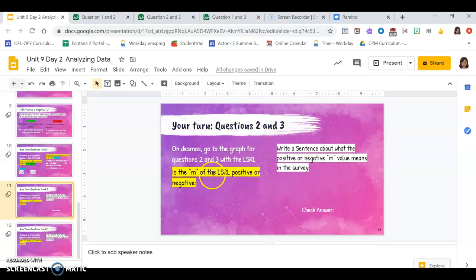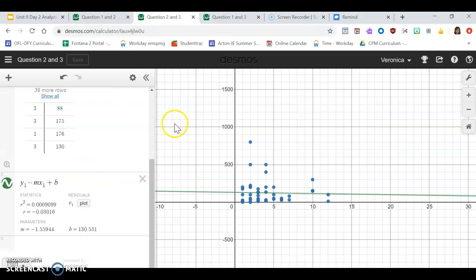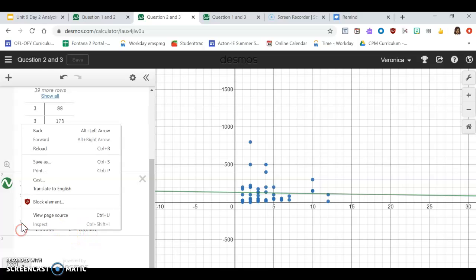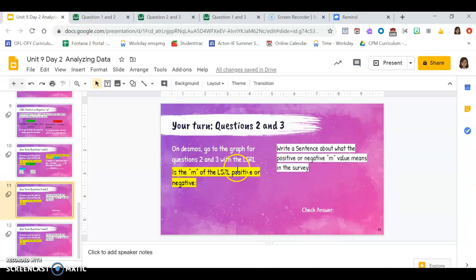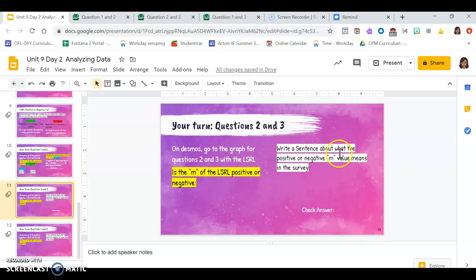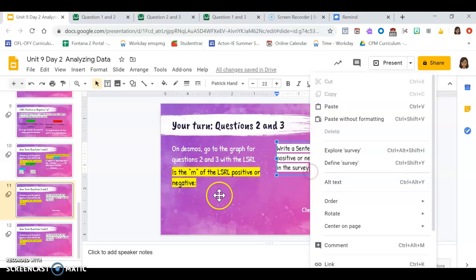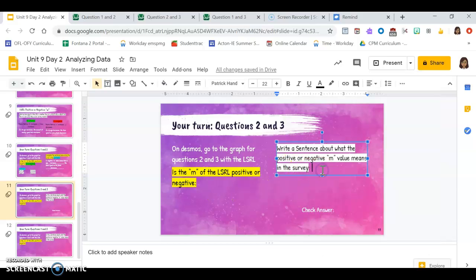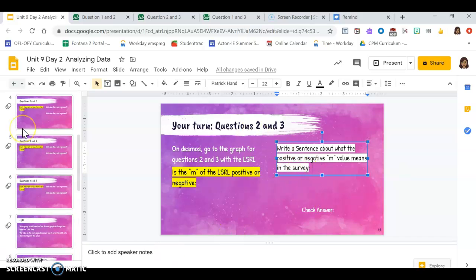So question 2 and 3, is m positive or negative? So you're going to go to questions 2 and 3 on your graph. M is a negative number. So I'm going to go ahead and go here, and you would say it's negative. Then write a sentence about what the positive or negative m values mean. So you could say something like, since m is negative, that means as question 2 increases, question 3 decreases. So then I'm just going to go back and find out, okay, what was 2 and 3 again?